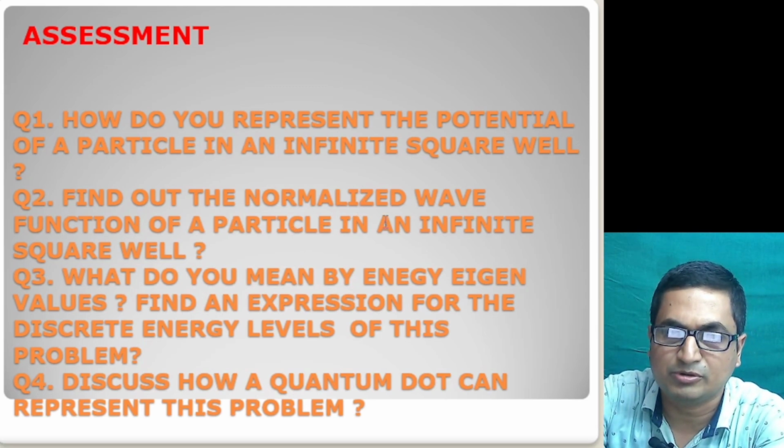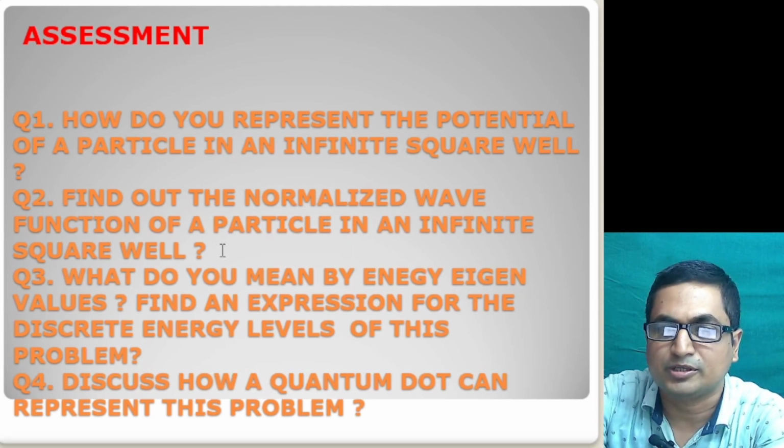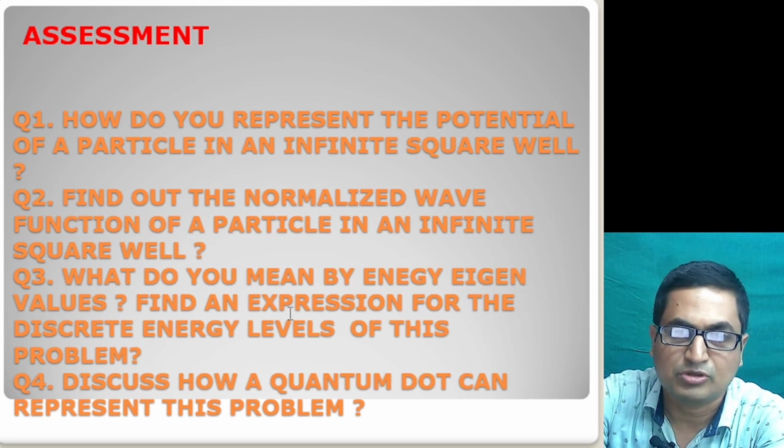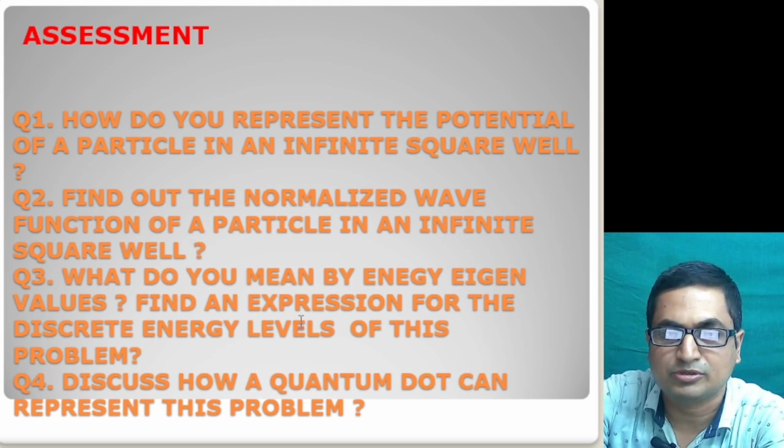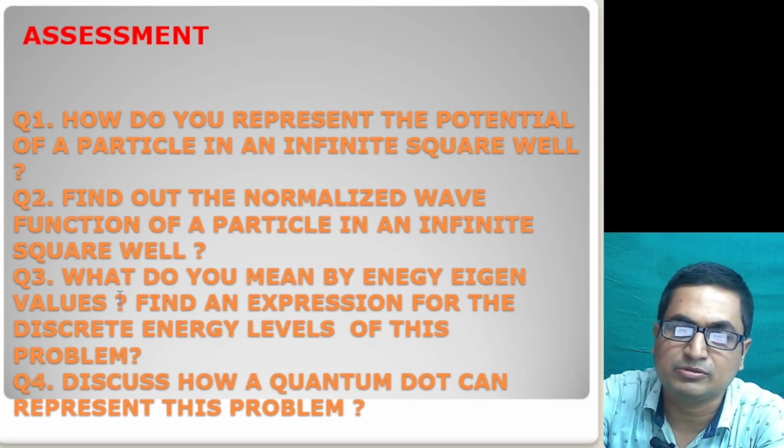Then, how can the normalized wave function of a particle be found? That is the expression where, after doing the normalization for the expression for u_n, A is found to be the square root of 2 by L. And third, what do we mean by energy eigenvalues?